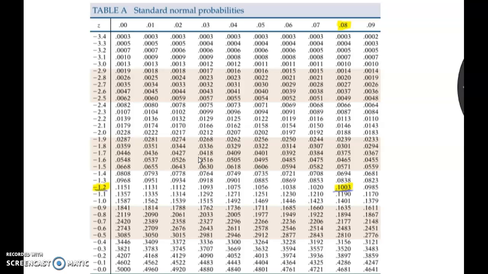Looking for the value closest to 0.15, we can see 0.1515 over here, but 0.1492 is actually a little closer. That seems to be the closest value to 0.15. So we're going to go over to the left to negative 1.0, and the top, put those two values together, so we end up with negative 1.04.